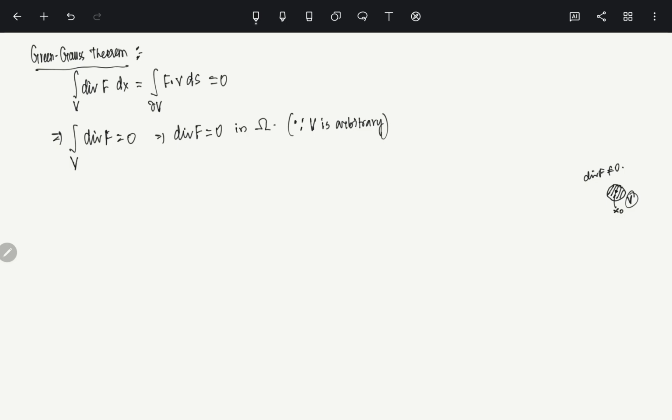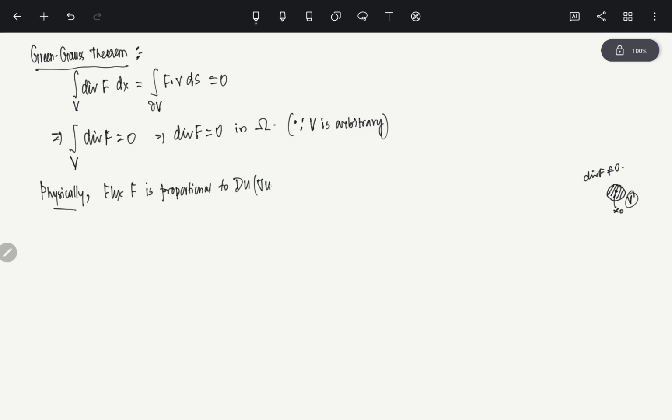Now physically speaking, this flux f should be proportional to the gradient of u, du, whatever you want to write it.